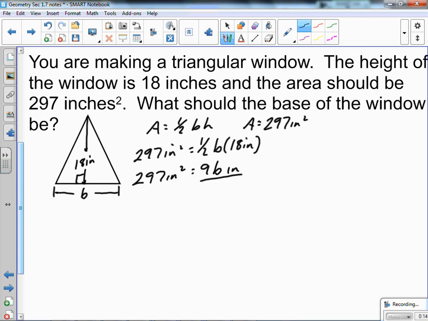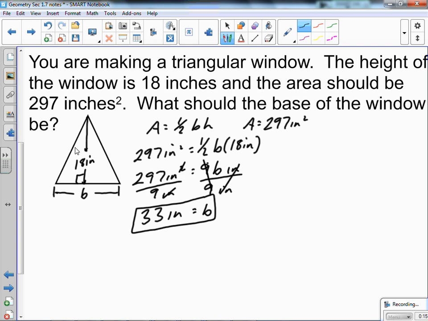And divide both sides by 9 inches to get b by itself. So 9 cancels, the inches cancel. 297 divided by 9 is 33, and the bottom inches cancels one of the top ones, so 33 inches is equal to our b value. So the base of that triangle would be 33 inches. So that completes section 1.7.